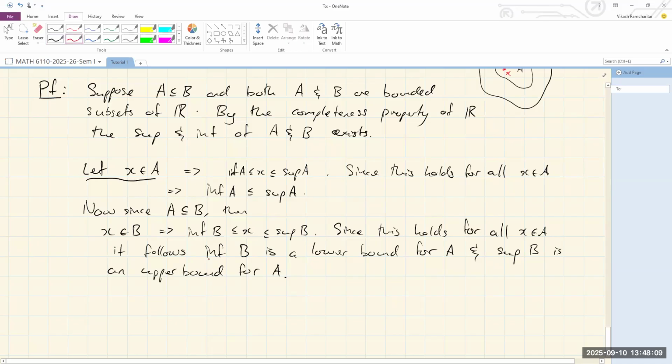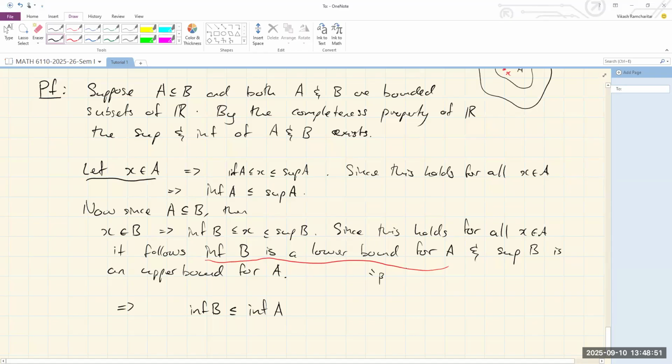So what we just showed, let's take this part first. The infimum of B is a lower bound for A. So this implies, but the infimum of A is the largest of all the lower bounds that A has. Now the infimum of B, what I have underlined in red, is a lower bound for A, which means that the infimum of B is less than or equal to the infimum of A. If it's a bit confusing, maybe let the infimum of B be equal to beta.